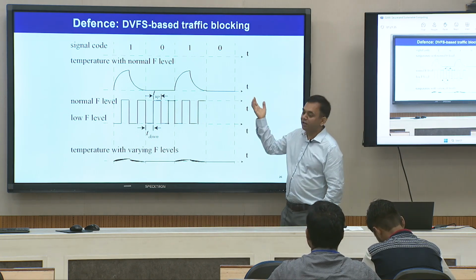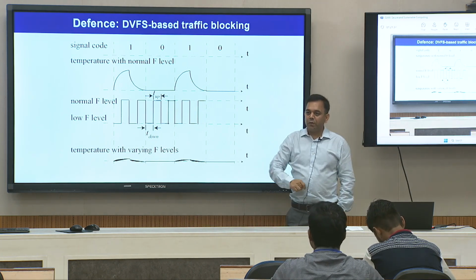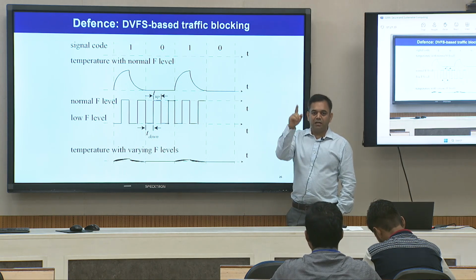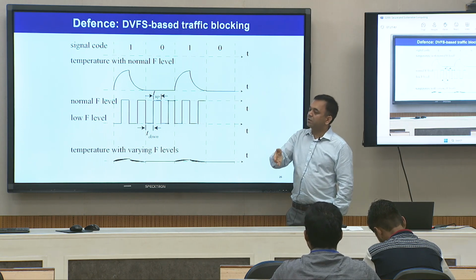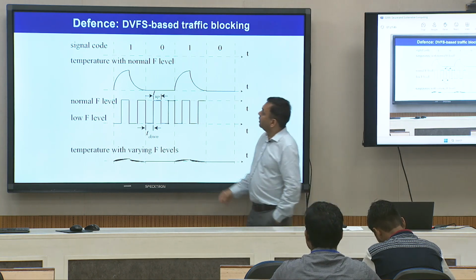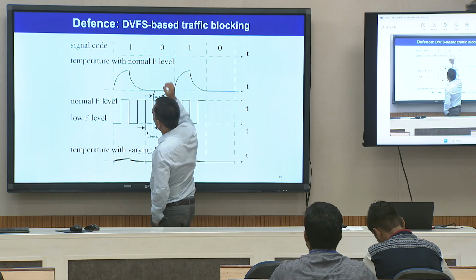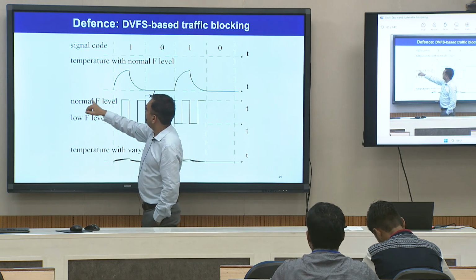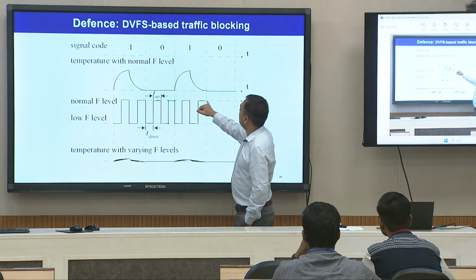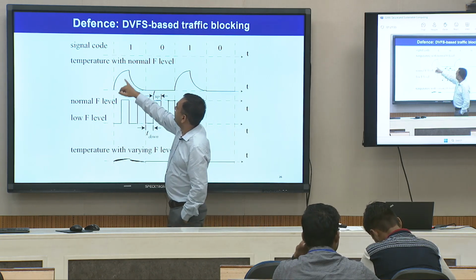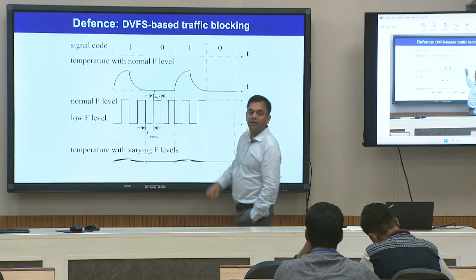Like I said, you can put some extra program in the transmitter that can use more of the CPUs or cores, and it can increase the temperature. So this is the normal frequency level. Let's assume the normal frequency level is somewhere here. If you are operating at that normal frequency level, you will get this kind of profile.